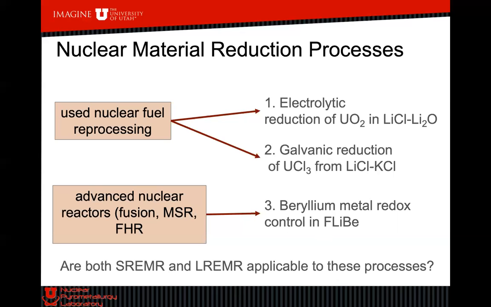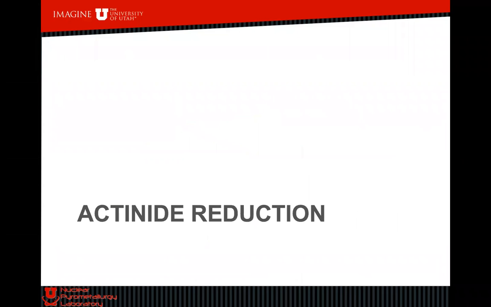We don't want the salt to be corrosive because then your containment material corrodes and you have to replace your core vessel or your piping every few years, and that would be very expensive. We have to design systems where corrosion doesn't require replacement of materials for decades, not years. So we have to control the redox potential. Okay, so first, actinide reduction.